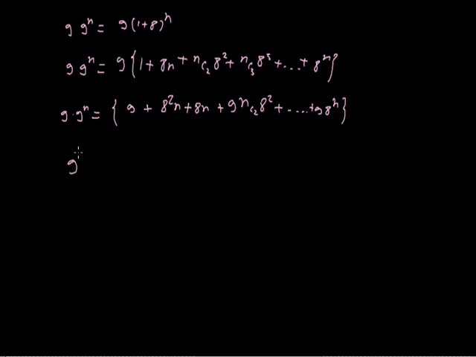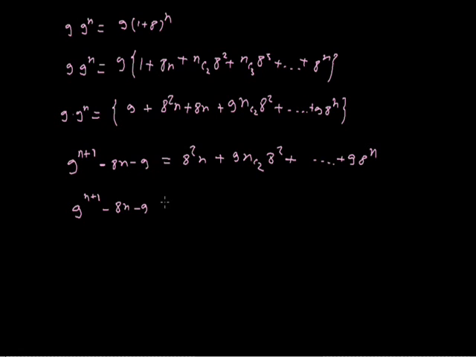So now 9 to the power n plus 1 minus 8n minus 9 is equal to 8 square n plus 9 nc2 8 square plus up to 9 8 to the power n. Further, we can take 8 square as common.